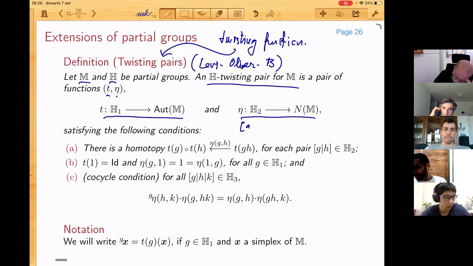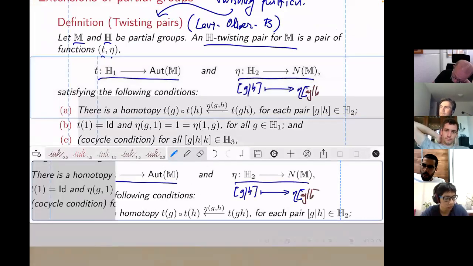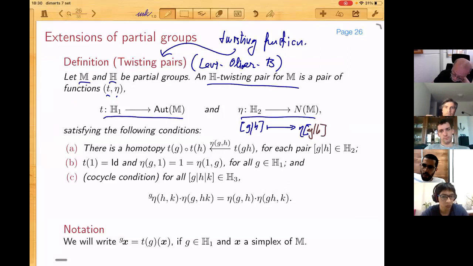So here it's written like that, right? So say G comma H, which is a two simplex, corresponds to an element eta of G, H, right? Which is an element in the normalizer. Being an element in the normalizer means an element with which you can conjugate everything. You can multiply this element with everything you have.